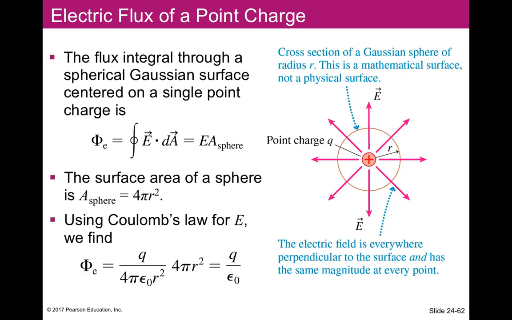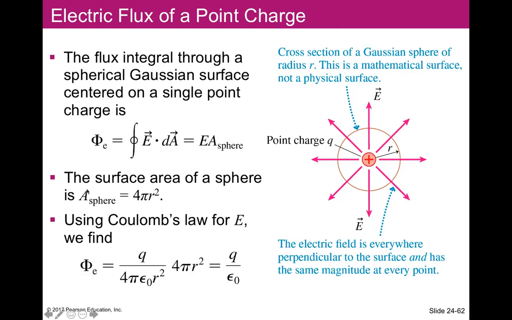When E is perpendicular to the Gaussian surface, that means E is in the same direction as your surface, because we define the direction of the surface to be perpendicular to the surface. So E and dA are in the same direction, then cosine theta equals 1, then the dot product becomes EA cosine 0, which is EA times 1. And then it becomes E times A of the sphere, the area of the sphere.